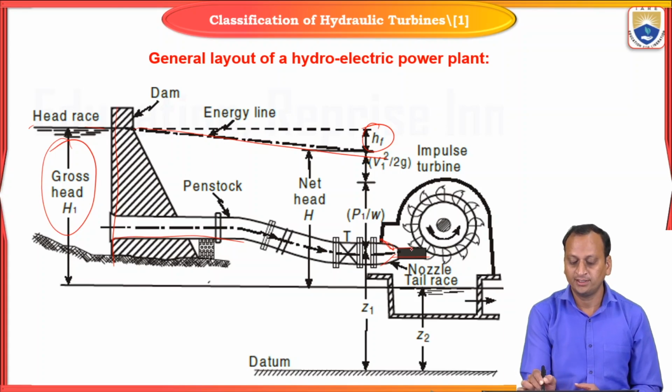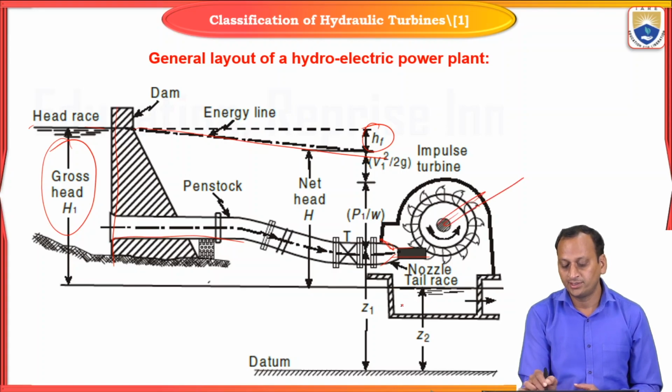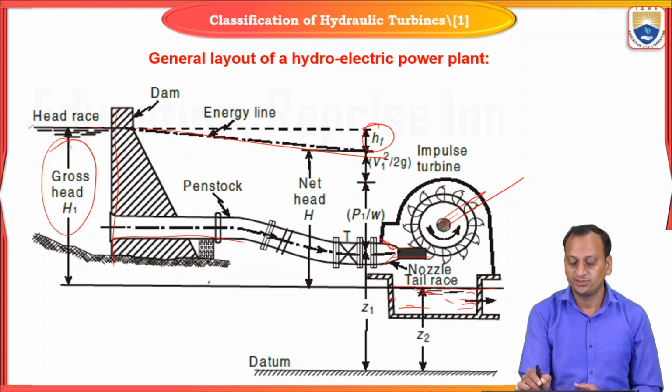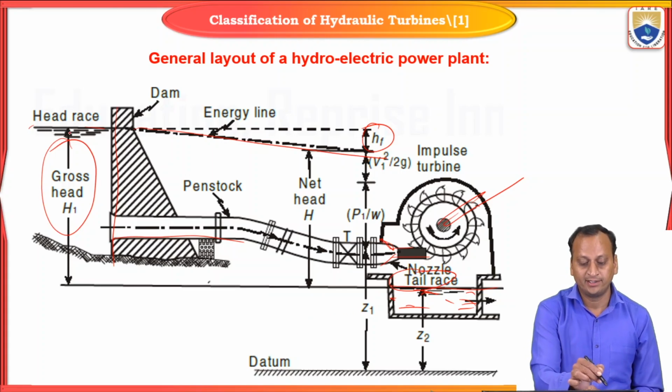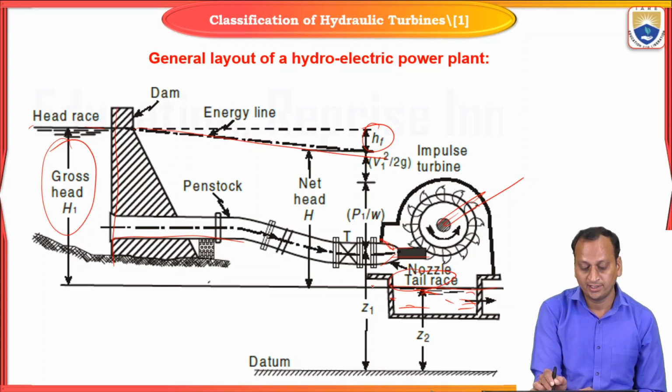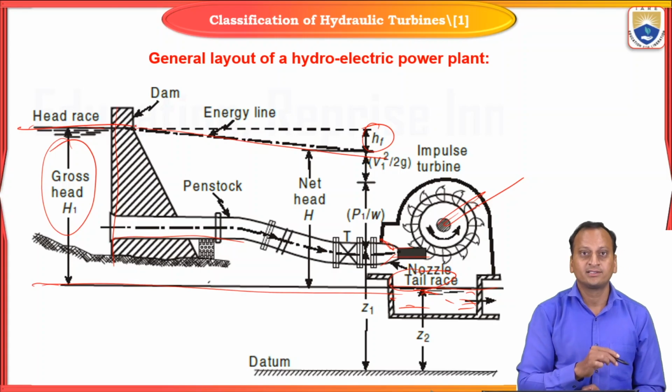Then it hits the runner blades, generating power. After hitting, the water falls into the tail race. The top surface of the tank is the tail race, and the top surface of the reservoir is the head race. The difference between these two levels is known as gross head.